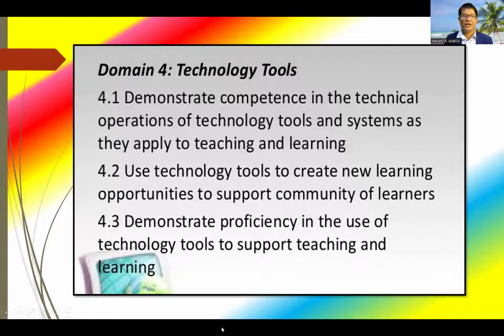Domain 4, rather, is technology tools. It talks about the following competencies: demonstrate competence in the technical operations of technology tools and systems as they apply to teaching and learning; use technology tools to create new learning opportunities to support community of learners; and demonstrate proficiency in the use of technology tools to support teaching and learning.